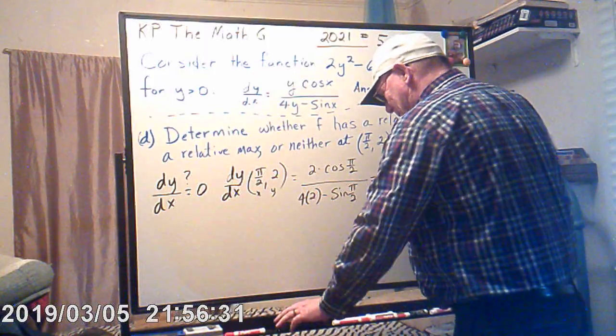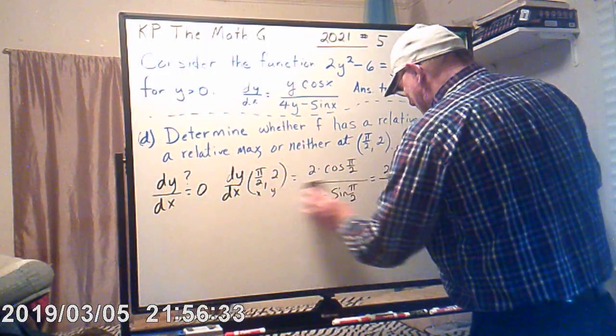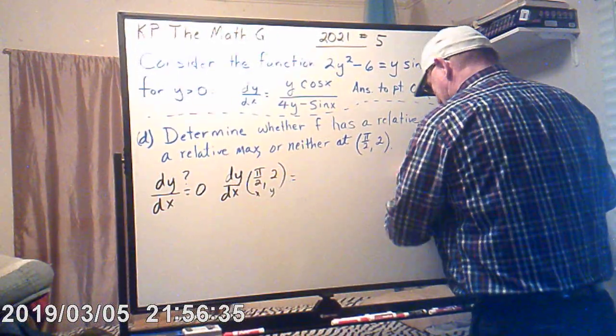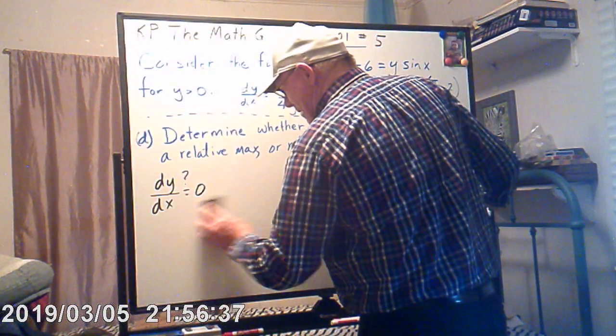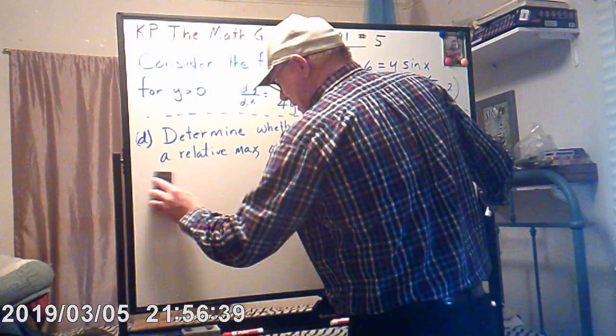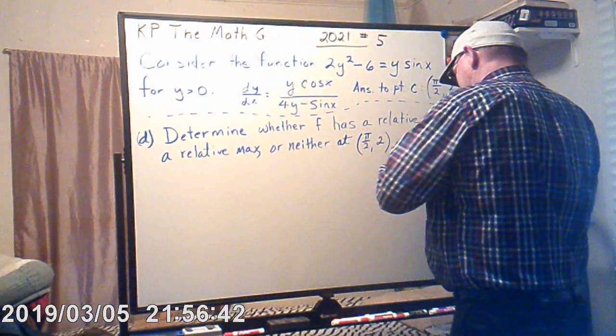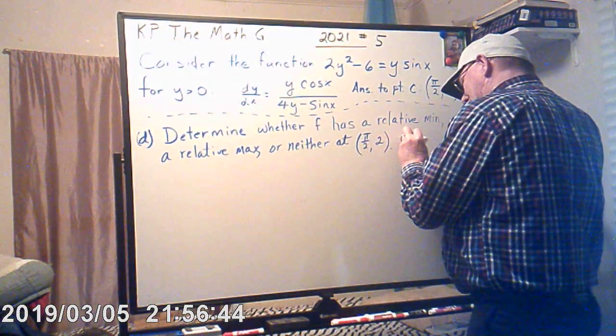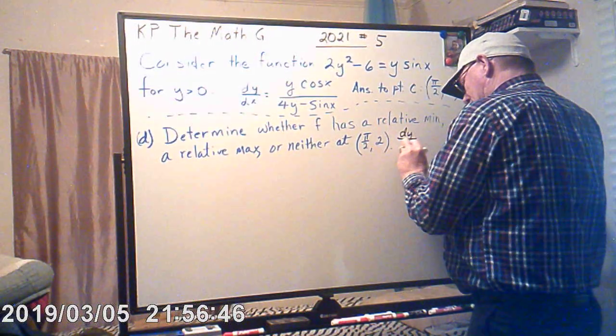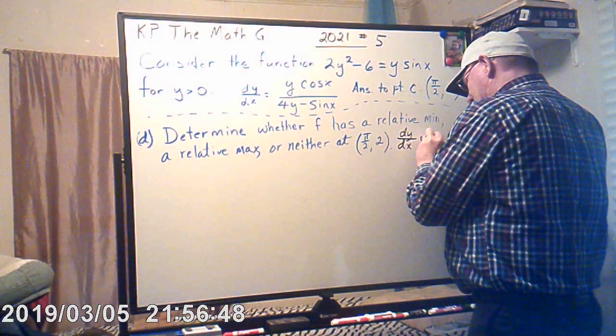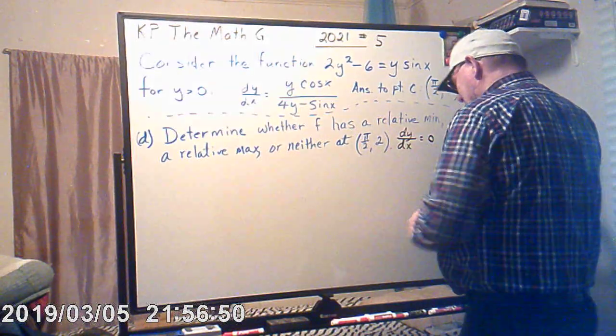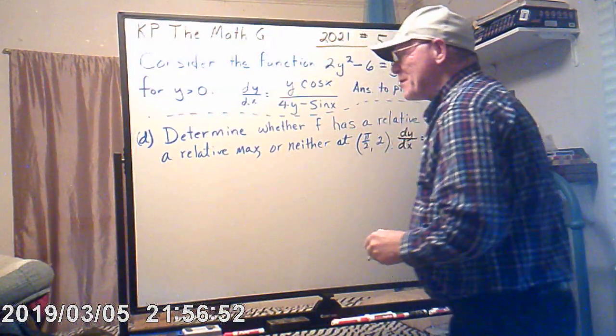Let me erase this because we're going to need all the room we can muster. We know that dy over dx is equal to 0. Let's put that over here on the side. Alright, dy over dx is equal to 0.